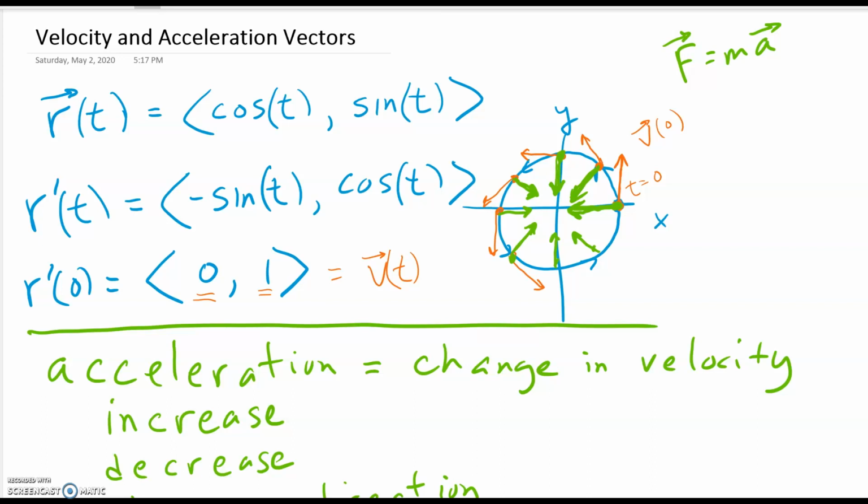You can think of the force as like pushing that velocity vector, pushing it in. And so even though the magnitude of the velocity is always the same, the direction is changing, so the acceleration is non-zero. And that's it for this video.